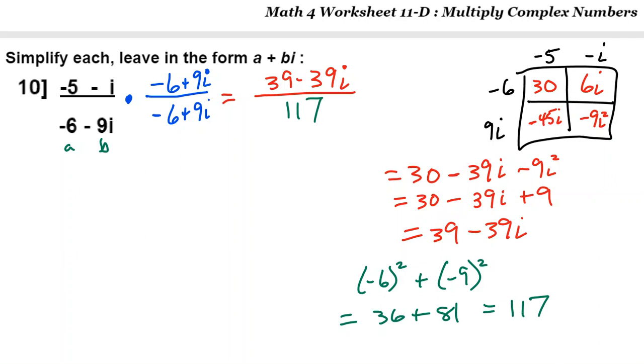Now, as it turns out, 3 will go into all of those. I can tell that because if you add the digits, 3 plus 9 is 12, which is divisible by 3. 1 plus 1 plus 7 is 9, which is divisible by 3. When you add the digits, if that number is divisible by 3, then so was the original number. So I'm going to get 13 minus 13i. 3 will go into that 30 times with 27 left over. 9 goes into 27.